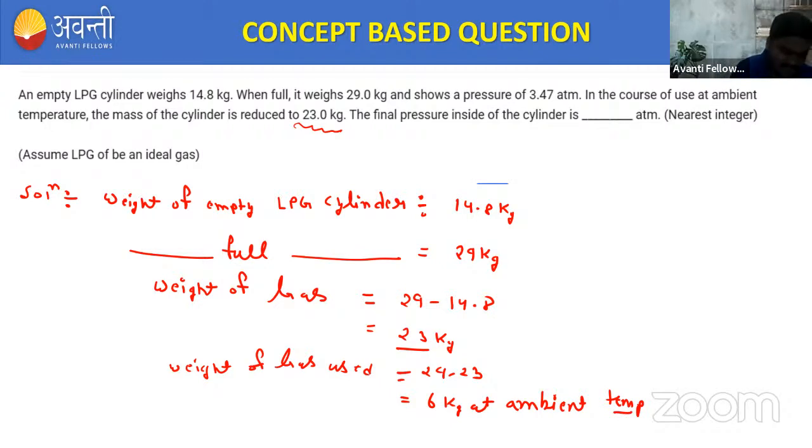Now, for the ideal gas equation, we know PV is equal to nRT. Just you need to calculate the value. So, what you need to calculate here, beta? Pressure. Okay? So, let me discuss this thing. Look.